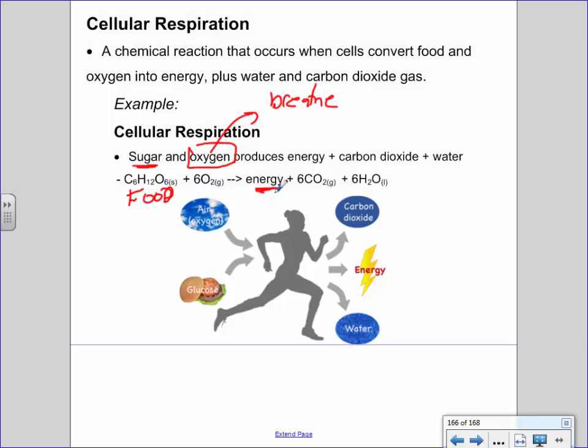But there are two other byproducts, by the way. When we breathe in, we're actually using the oxygen. But when we breathe back out, we're breathing out carbon dioxide. So we're actually contributing to carbon dioxide problems just by our breathing. We breathe in the oxygen, we use it, and then we breathe back out carbon dioxide.